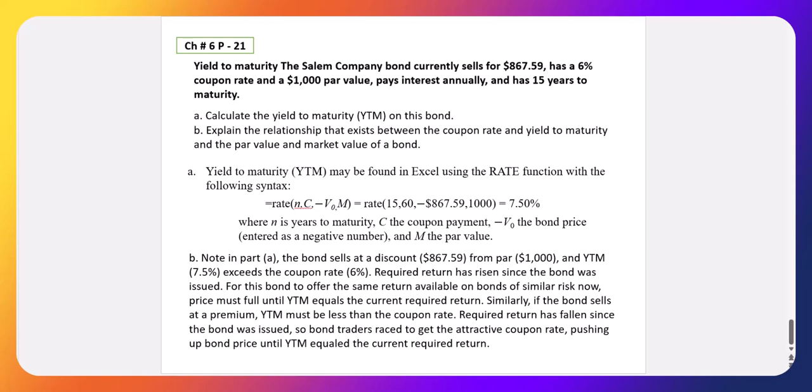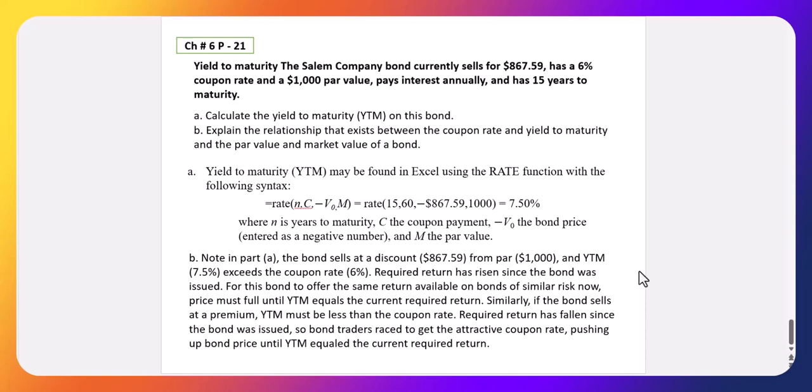Explain the relationship that exists between the coupon rate and the yield to maturity and the par value and the market value of the bonds. Note in Part A, the bond sells at a discount, $867.59 from the par value of $1,000. And the yield to maturity is 7.5% and exceeds the coupon rate of 6%. The required return has risen since the bond was issued.